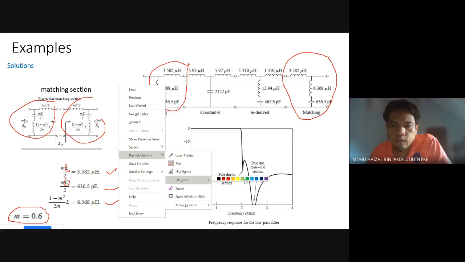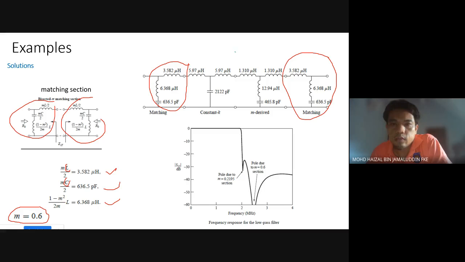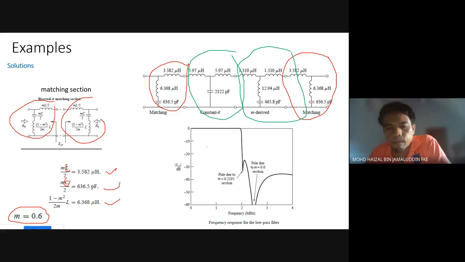And this is the K section, and this is the m-derived section. If you have computer aided software, when you run the simulation, you can look at the S21 to get the frequency response, and you can get the sharp cutoff at 2 megahertz, at the cutoff frequency.